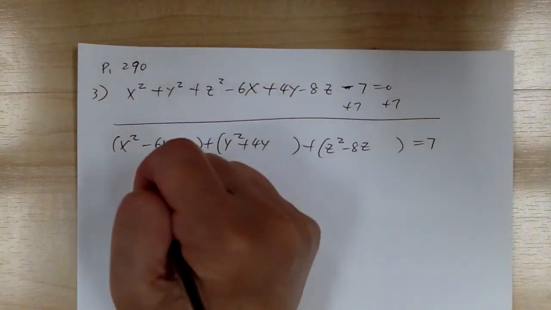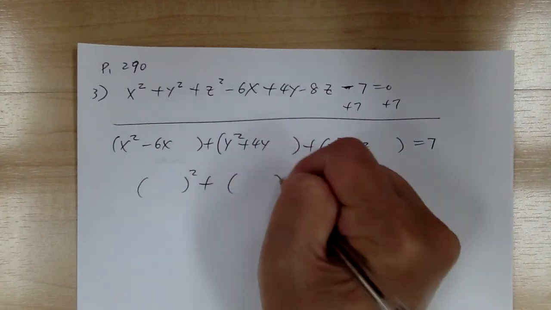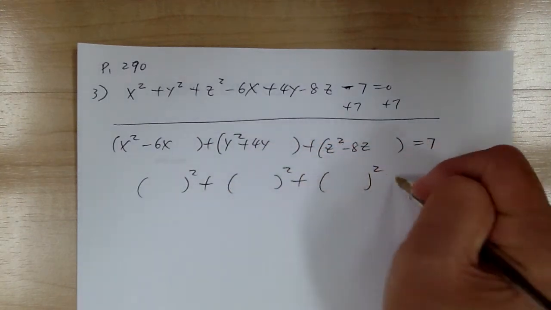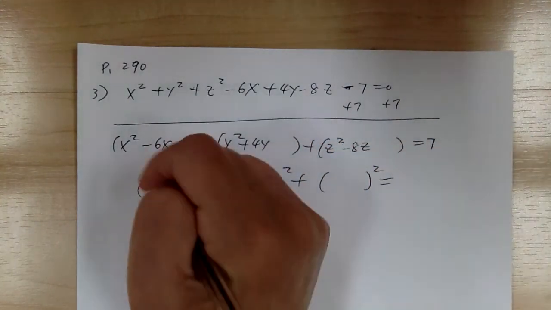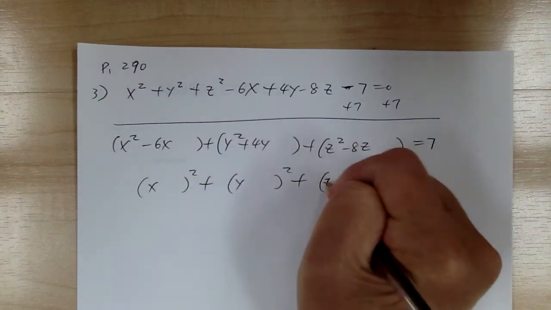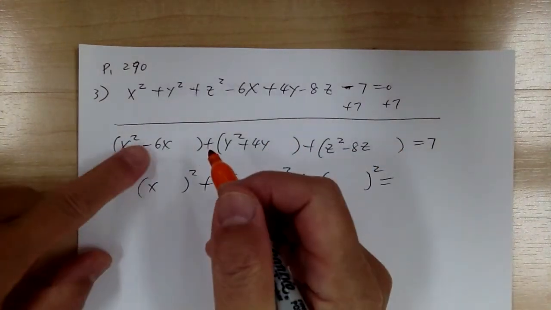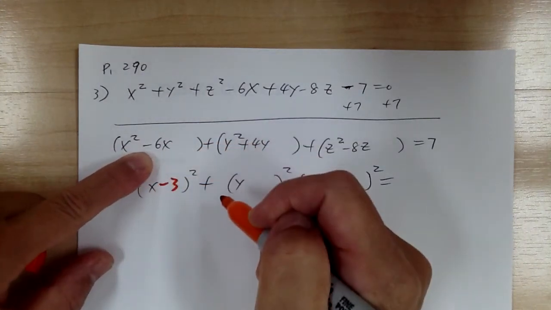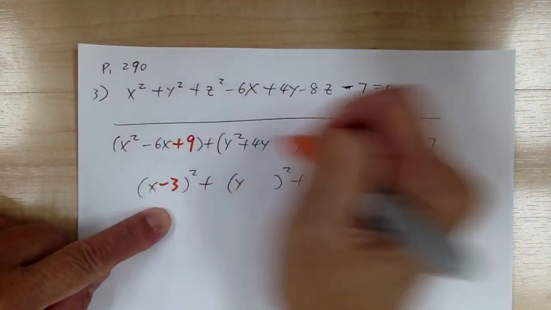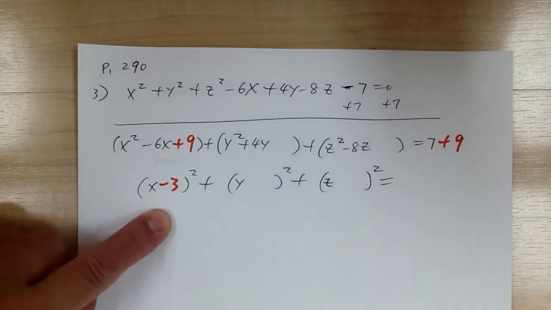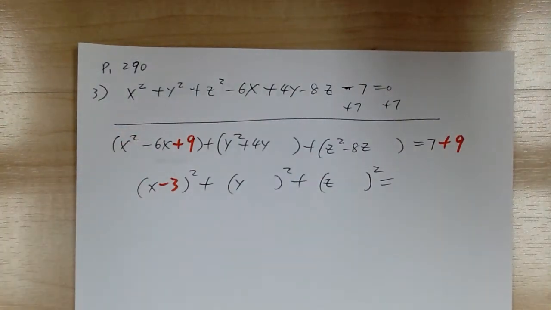Okay, next go ahead and get your perfect squares. Get your template ready. From here you need to get minus 3, so you need to get plus 9. Again, you need to know how to complete your square.